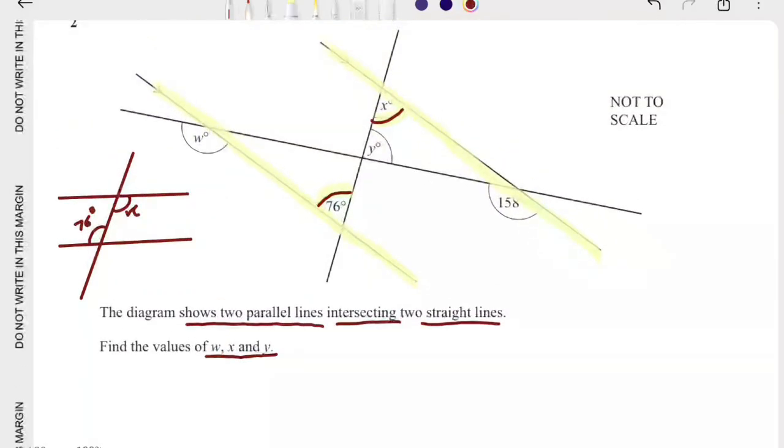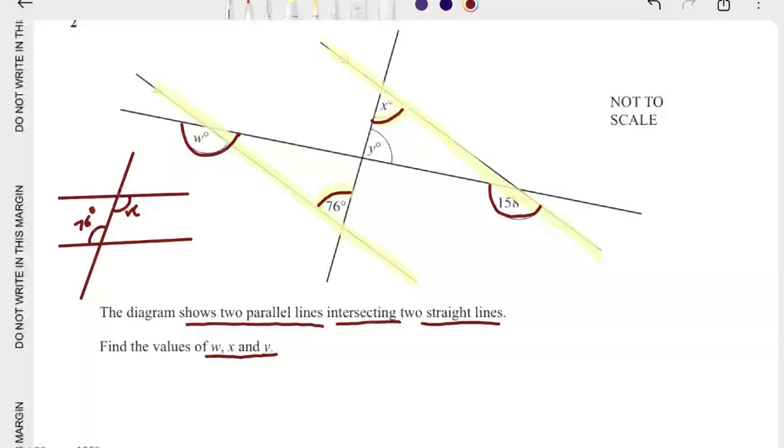Now look at the position of w, this angle and this angle. They seem to be corresponding angles, because corresponding angles are the pair of angles formed when a transversal line intersects two other lines, often parallel, with the corresponding angles in the same position.